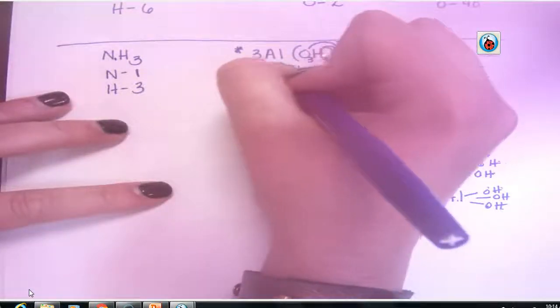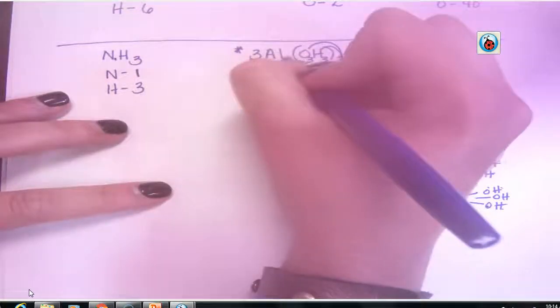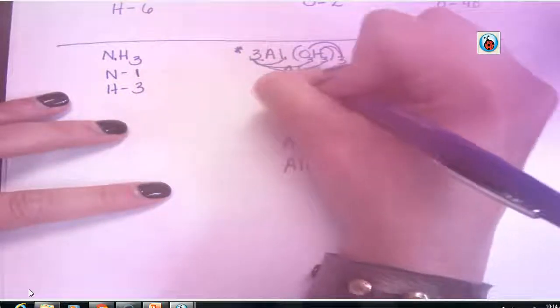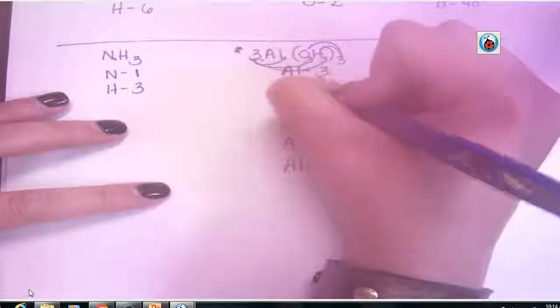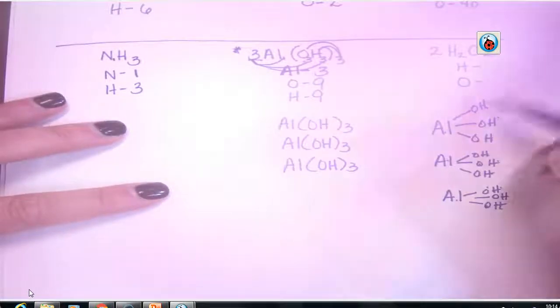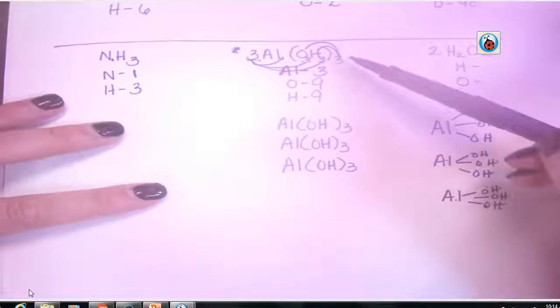Then this 3 gets distributed here, here, and here. So what's 3 times 1? Sorry, I wrote over my Al. 3 times 1 is 3. 3 times 3 is 9. And 3 times the other 3 is 9. And I get the same exact answer as though I counted them all over here. I just didn't do as much work. Okay? We'll go over some more problems that look like that at a later time.